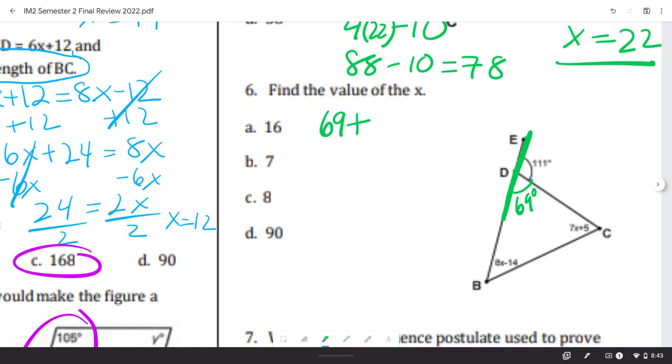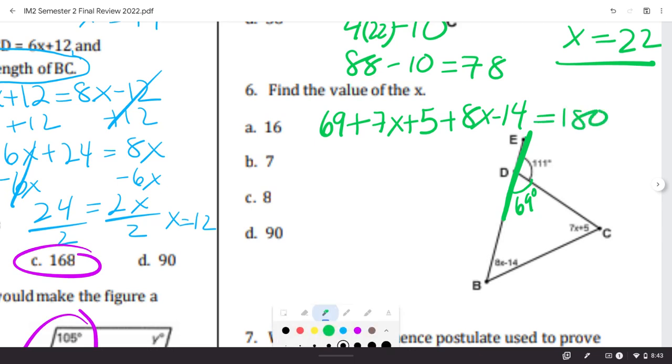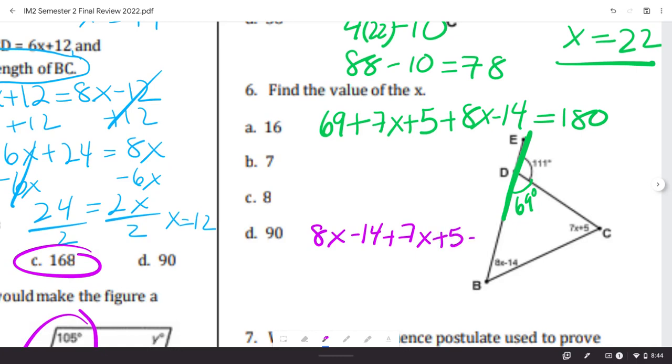69 plus 7x plus 5 plus 8x minus 14 equals 180. So you can either do that, or you can also do 8x minus 14 plus 7x plus 5 equals 111. Both of those will give you the correct answer.